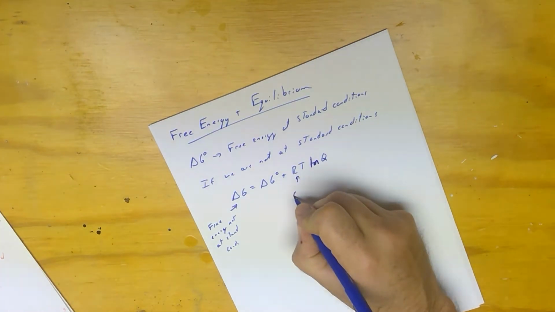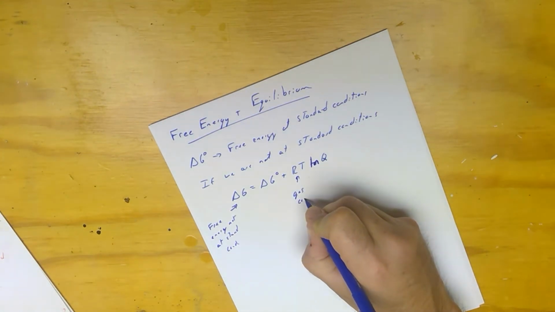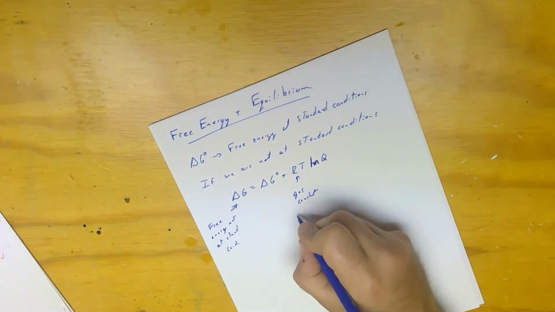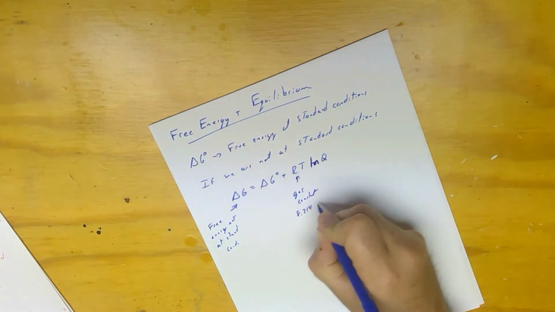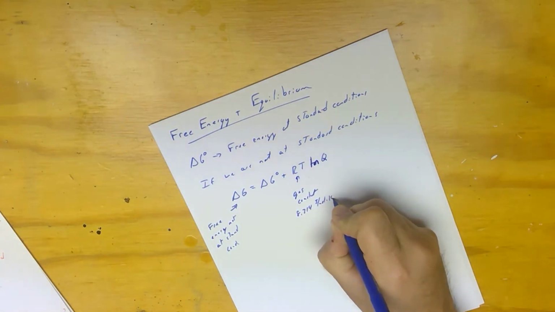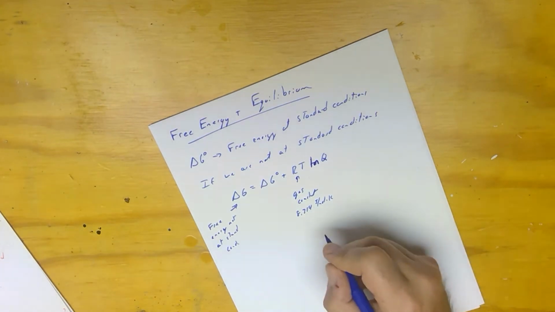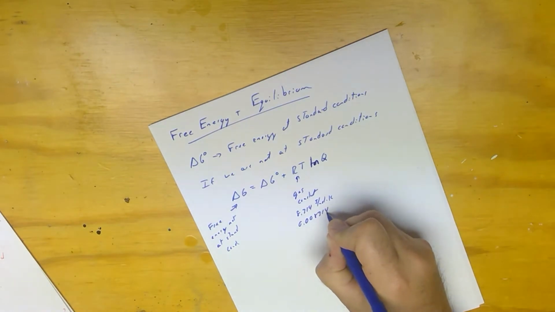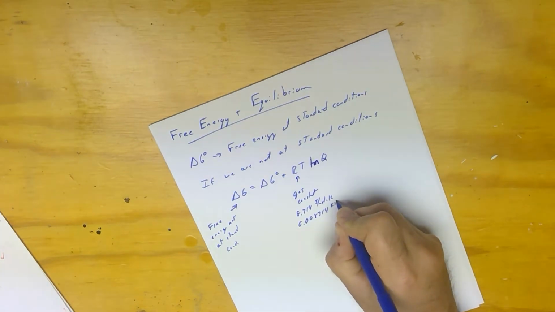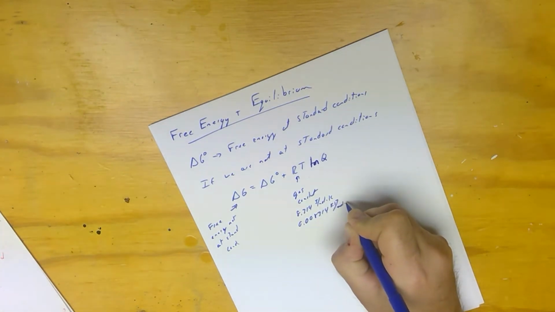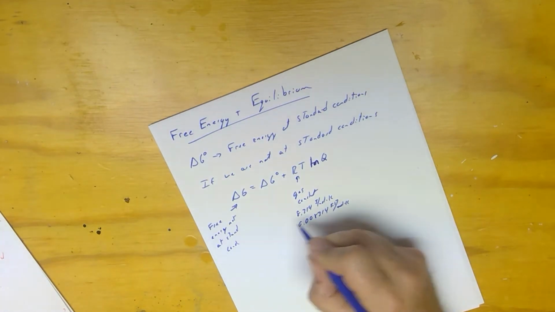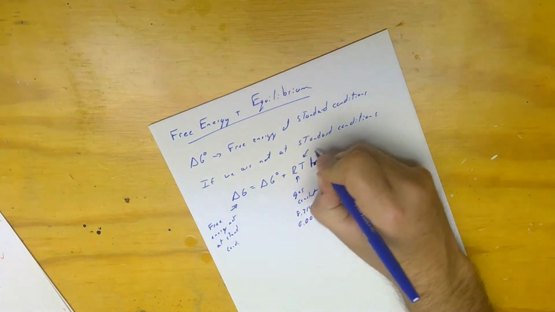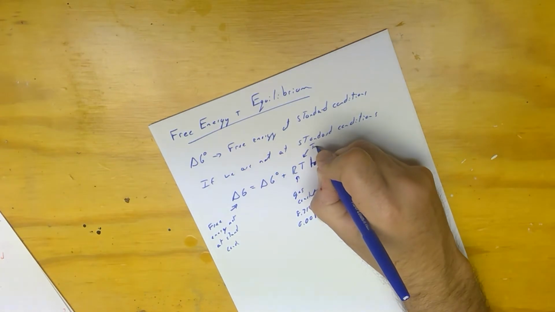R is our gas constant. And it's 8.314 joules per mole K. Right, but we need to be in kilojoules, so this will be 0.008314 kilojoules per mole K. T is temperature in Kelvin.